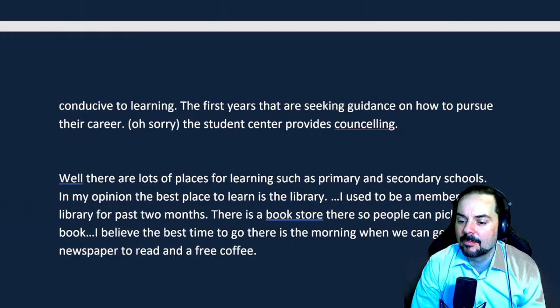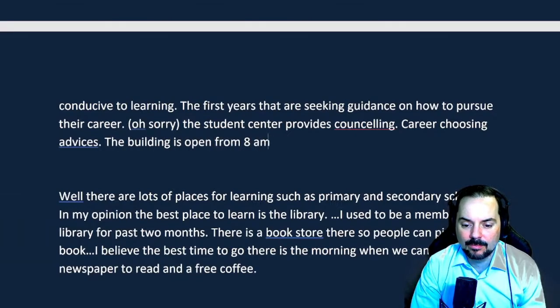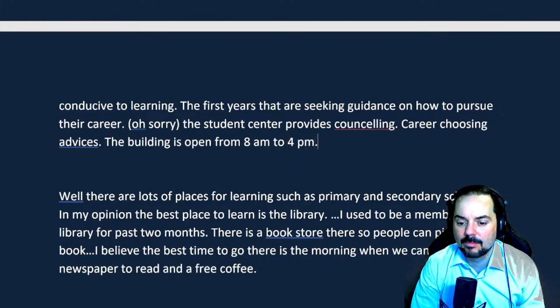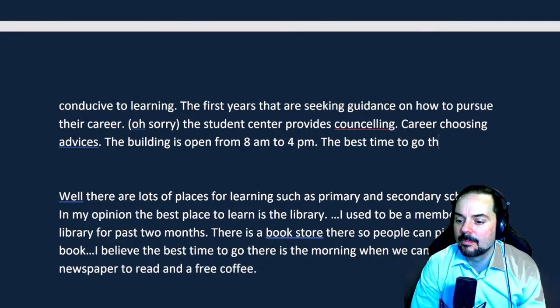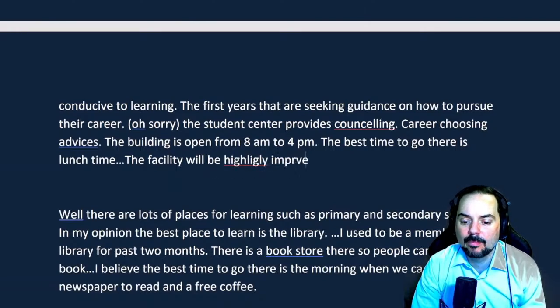So the building is open from 8 a.m. to 4 p.m. and the best time to go there is lunchtime to 1 p.m. because at that time there's not a lot of people. And the facility will be highly improved if the faculties will decide to make it bigger, so it could accommodate more students, as at times it's so crowded.